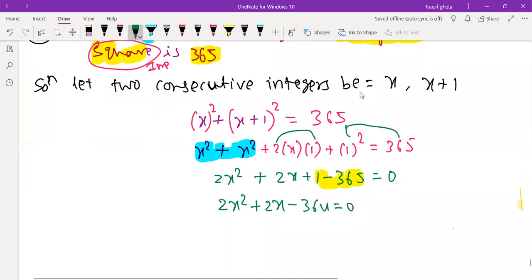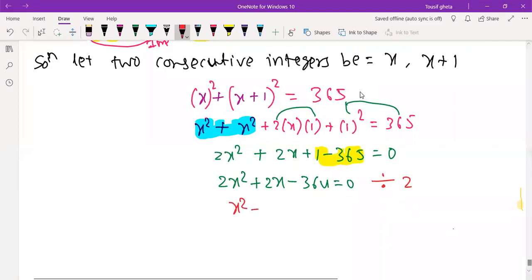This is very simple now. Divide by 2. 2 is common, so it is better to divide by 2. It is not compulsory, but better to do. You will get a reduced form: x square plus x minus 182.